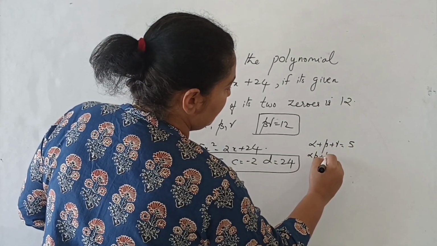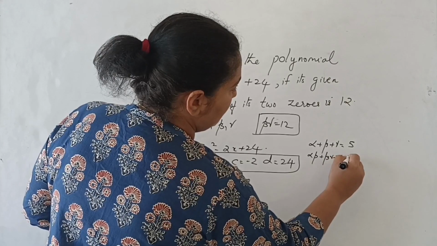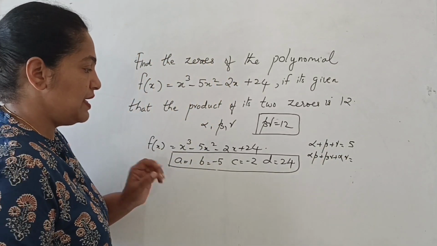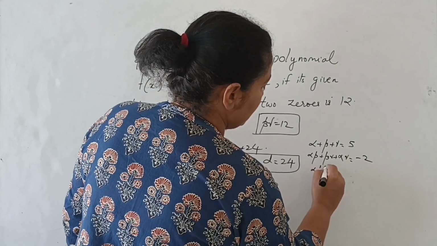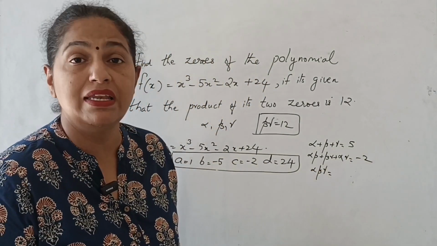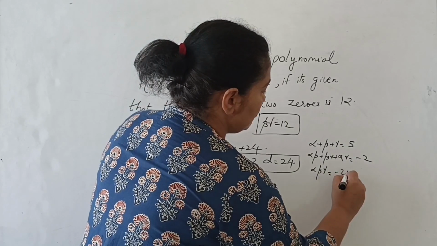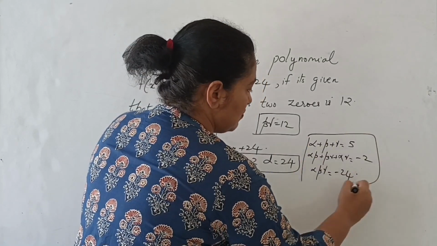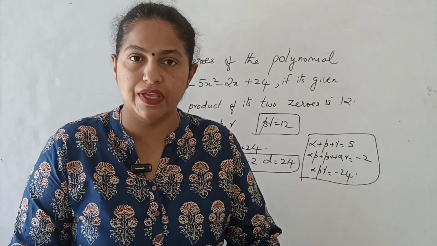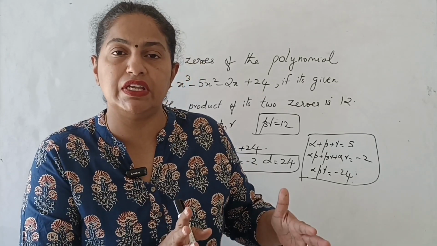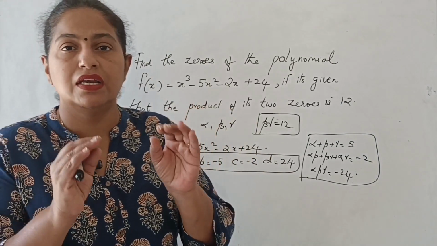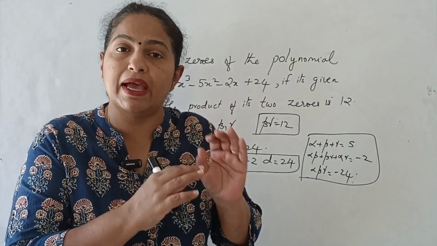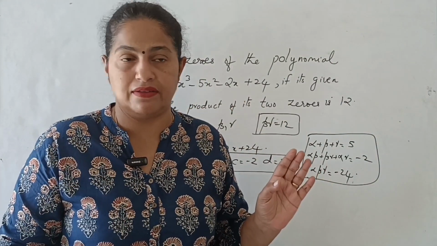Alpha beta plus beta gamma plus alpha gamma is equal to c by a, minus 2 by 1, which is minus 2, and alpha into beta into gamma is minus d by a, which is minus 24. Put this in another box. So we have sorted out whatever we know from the question that is given to us, and it is written over here. Now starts the actual manipulation of the sum in order to get the answer.